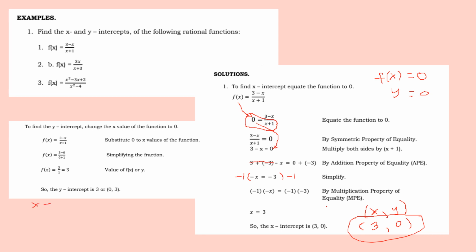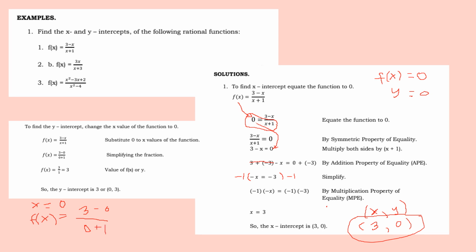So if I let x be equal to 0, then our f of x, which is the y, is equal to, the given is 3 minus x, so that becomes 3 minus 0 all over x plus 1, which is 0 plus 1.